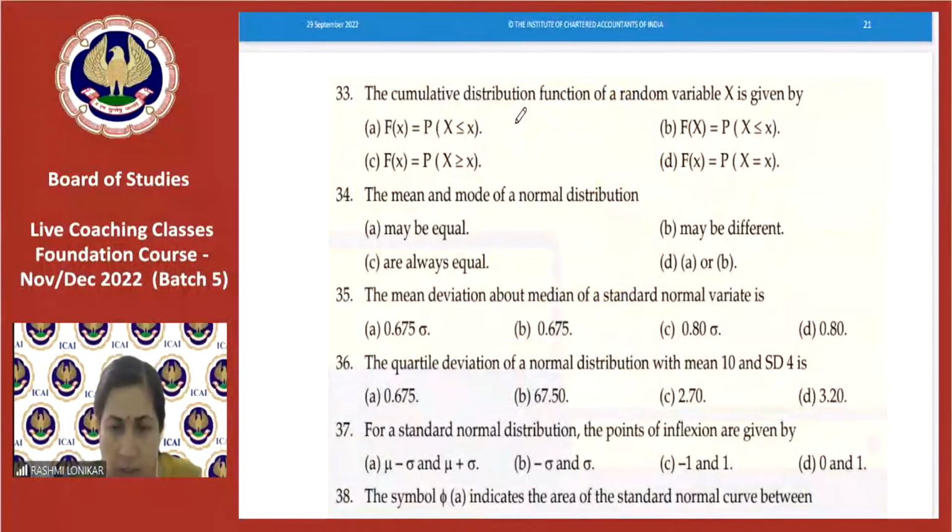Okay, now 33rd. The cumulative distribution function of a random variable x is given by which of this? A cumulative distribution function is given by what?